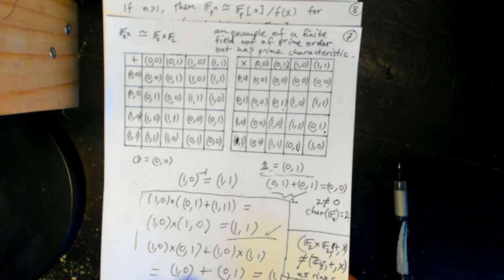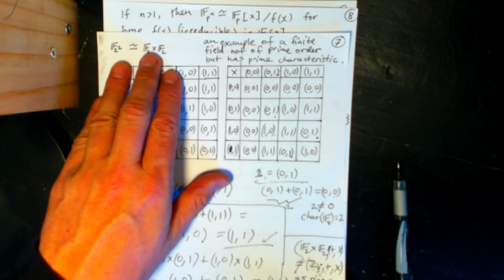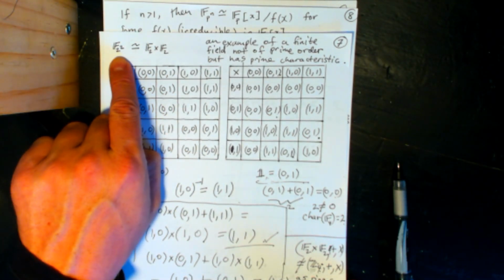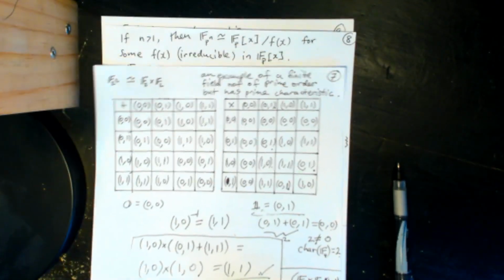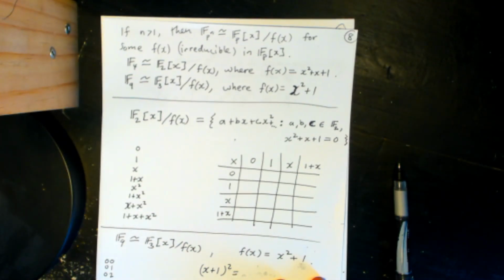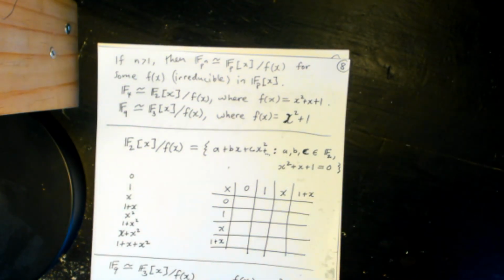So our next topic is that there's another way of looking at this field with 4 elements in it, and it's in terms of polynomials. Okay, which brings us to this major important result.